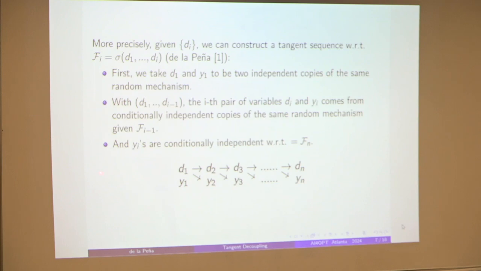So if you know the d's, then these variables are independent by construction. Is that clear? But F is the sigma field generated by all the d's and all the y's also? Yes. I see. So you have to enlarge the sigma field of the d's to include the y's as well.